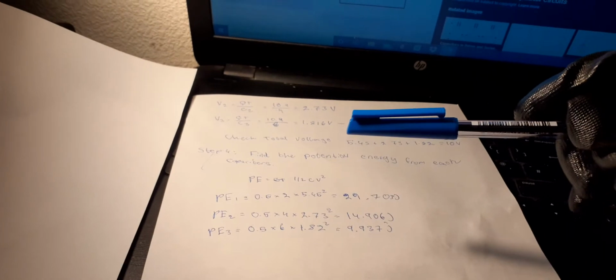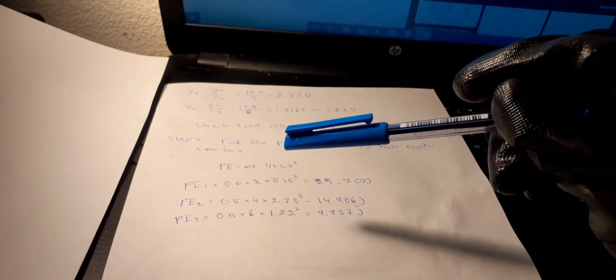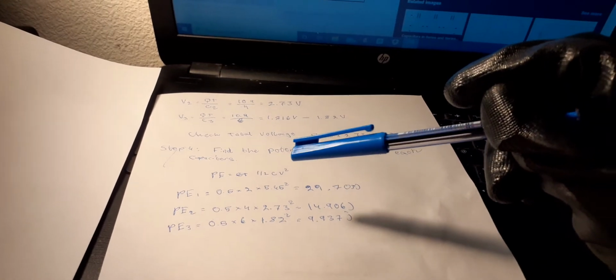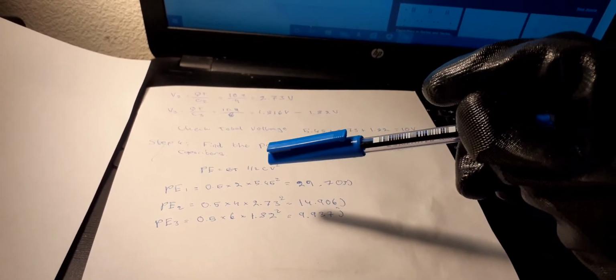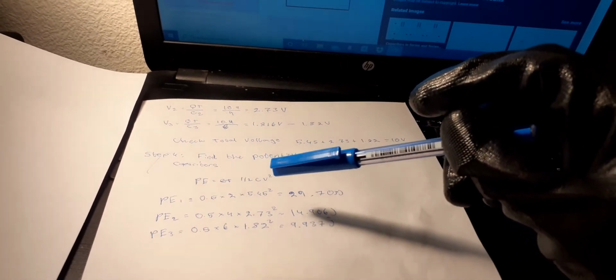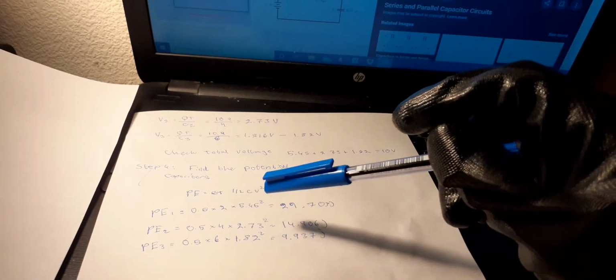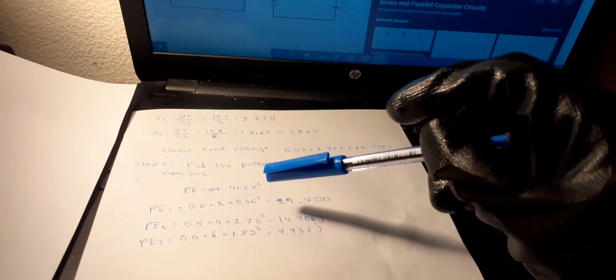Step 4 is to find the potential energy of each capacitor. The equation for that is half times each capacitance times the square of each voltage.